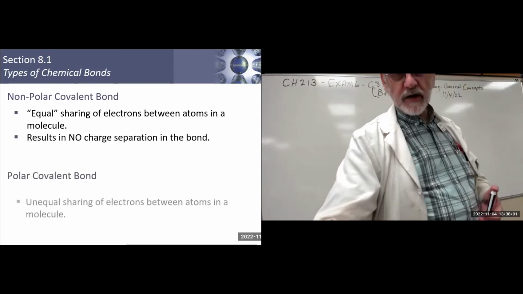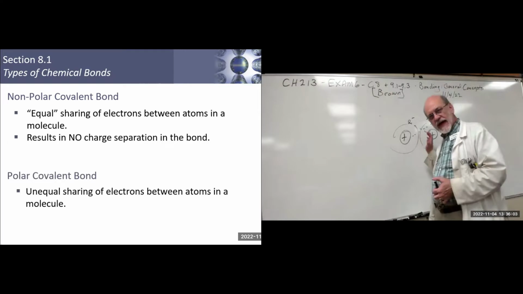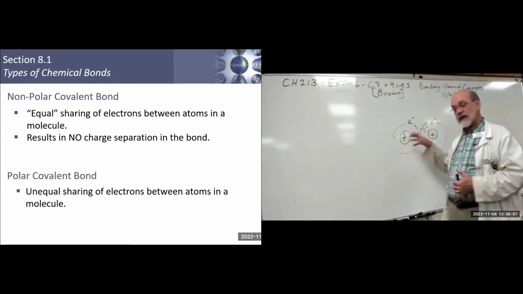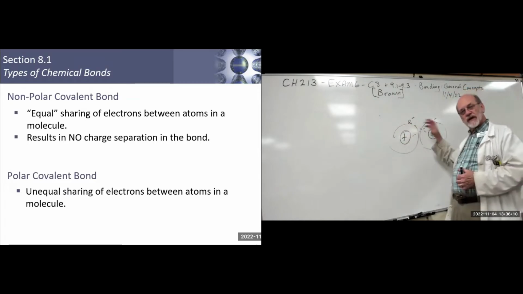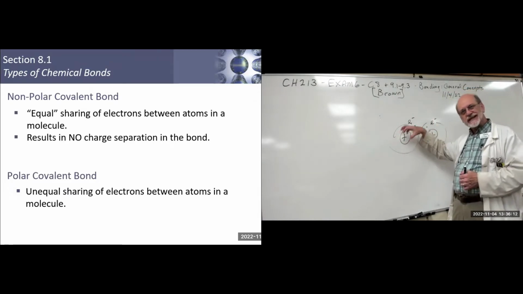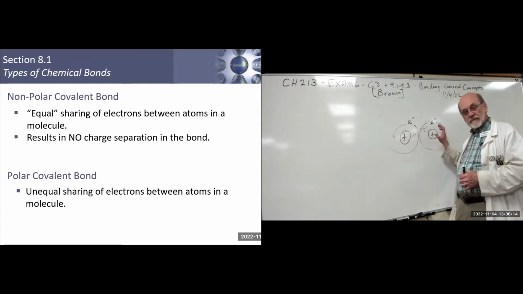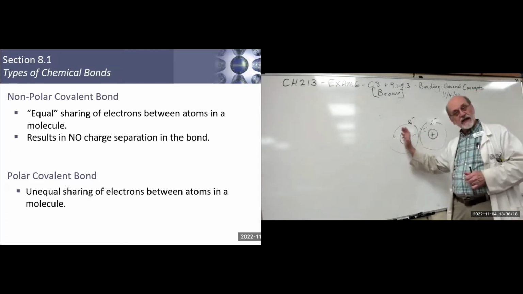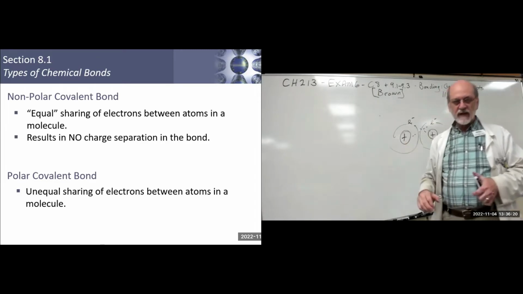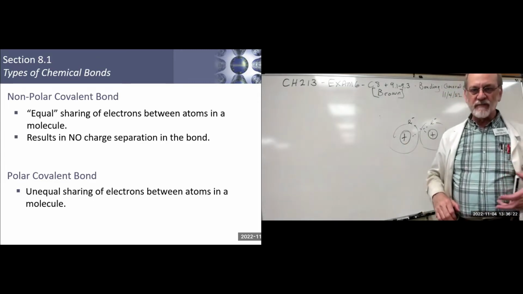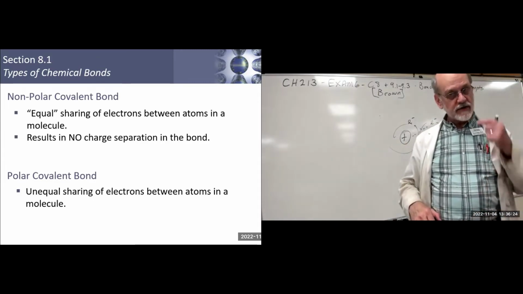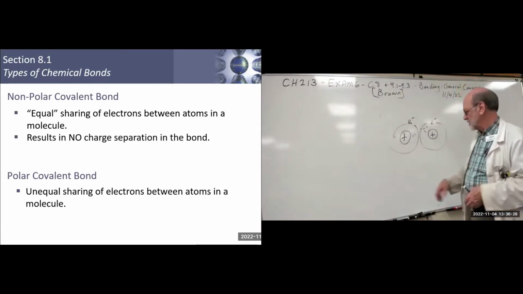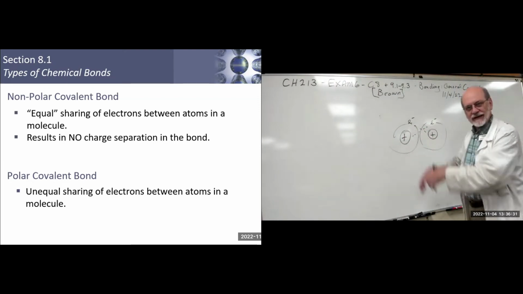A polar covalent bond occurs when one of the atoms is more electronegative than the other one, and it draws some electron probability, some electron density, away from the other one. And when it does that, it becomes slightly negative and leaves behind slightly positive on the other side. That's a polar covalent bond, but it's still covalent. They still have to share electrons. It's just this side is more equal than that side.